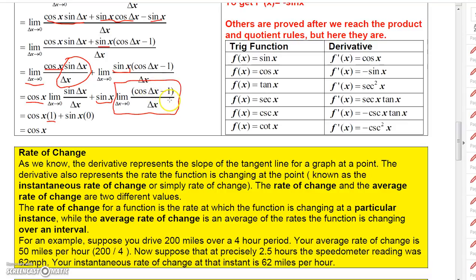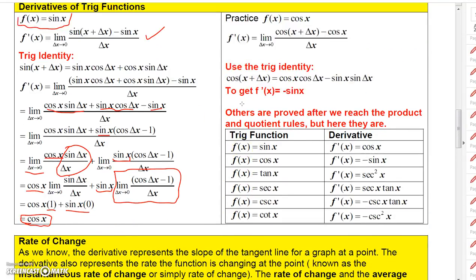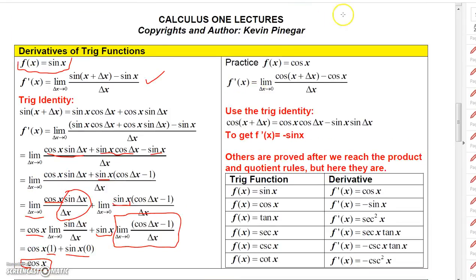So the opposite of 0 is simply 0. So this limit is just going to be 0. So you end up with cosine x times 1 plus sine x times 0, which is simply cosine x.